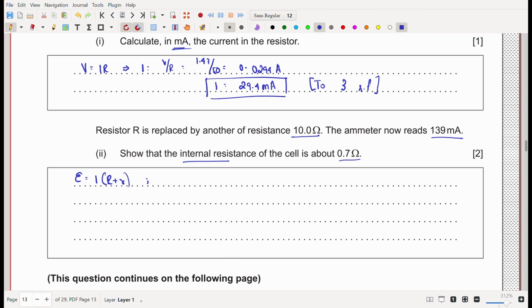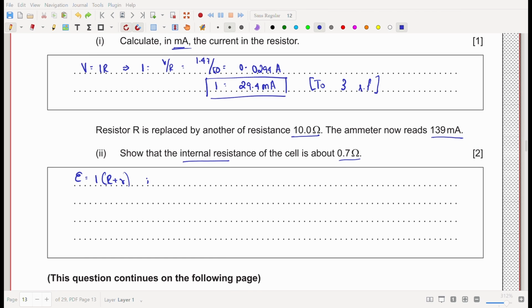But instead of that, we are given almost everything. Only internal resistance is not given. So let's go ahead and write it out first. Current 1 times resistance 1 plus internal resistance is equal to current 2 times resistance 2 plus internal resistance.